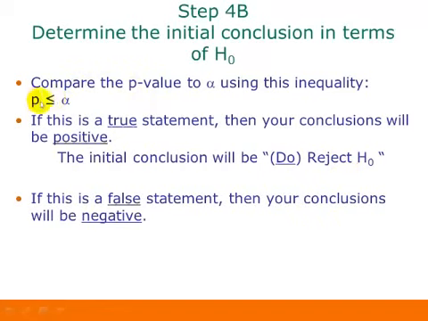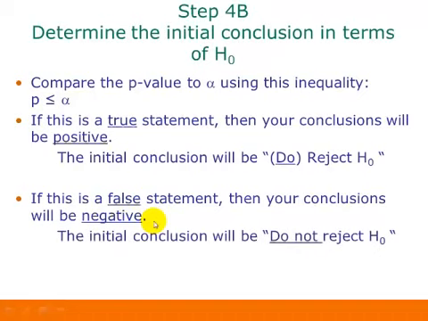Now if this inequality up here is false when you plug in the p-value and the alpha, then we'll have a negative conclusion, and we'll write that as do not reject the null hypothesis. So this one was the positive because we have kind of an understood "do" in there, so we just say reject the null hypothesis. This one is negative because we say do not reject the null hypothesis.